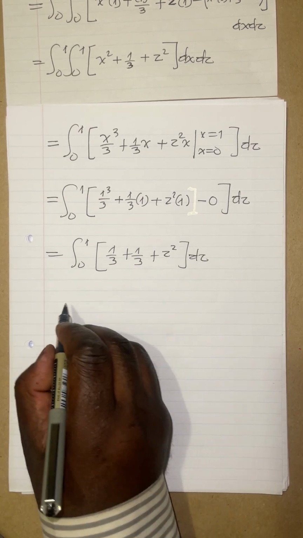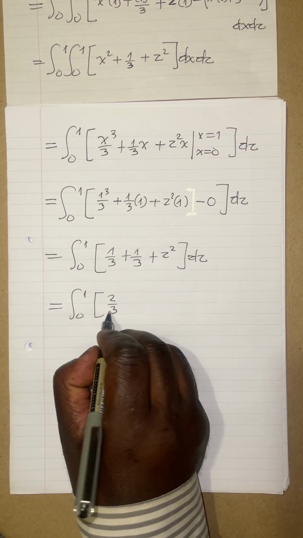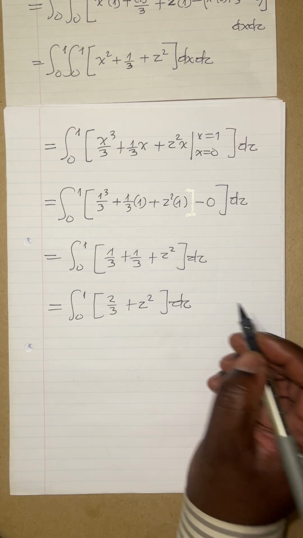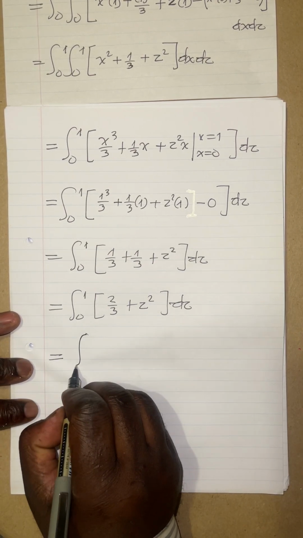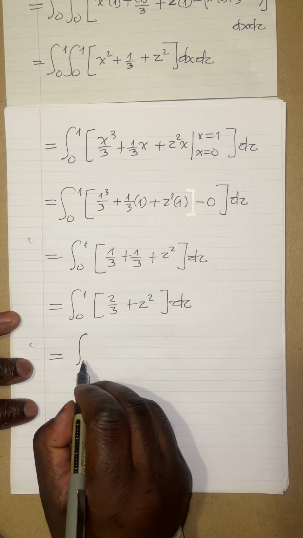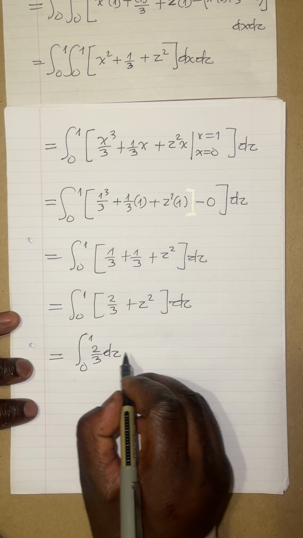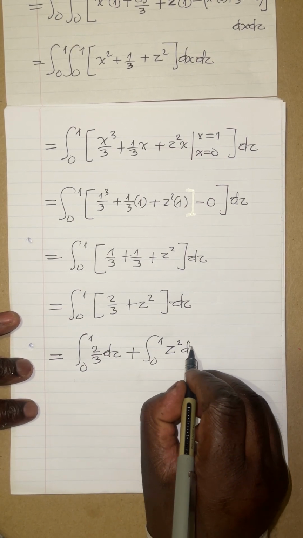Now this is 2/3 integral from 0 up to 1 of 2/3 plus z squared dz. Now this is the same if you distribute: integral from 0 up to 1 of 2 over 3 dz plus the integral from 0 up to 1 of z squared dz.